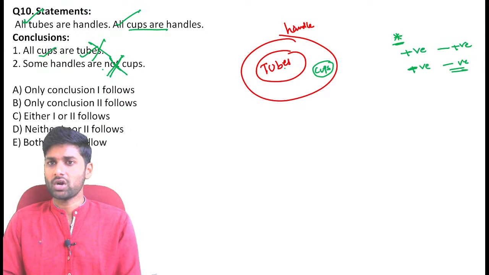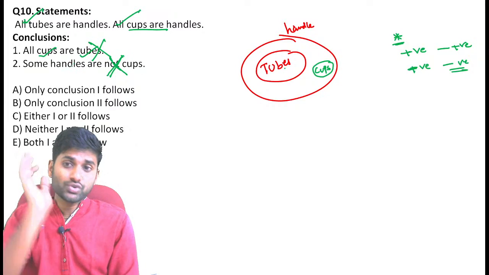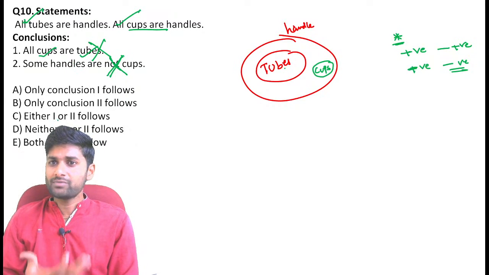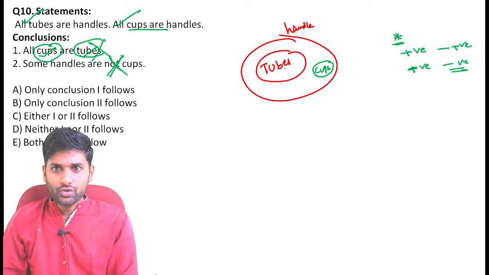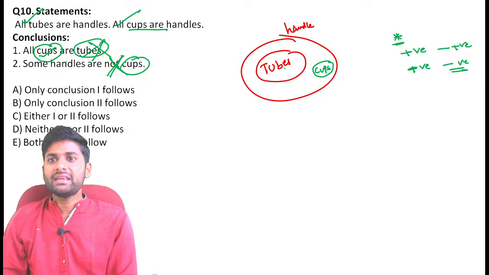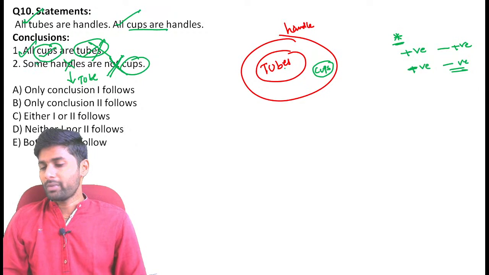That is absolutely wrong. Now, the most important part I mentioned is the choosing of complementary pairs. How am I choosing the either or case? What are the important statements here? Cup and tube. Here cup, but here handle. For example, instead of handle, if there were a tube, then you could choose it as a complementary pair. Why? Because all, some not is a complementary pair.